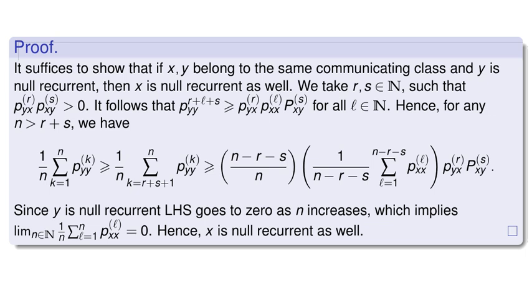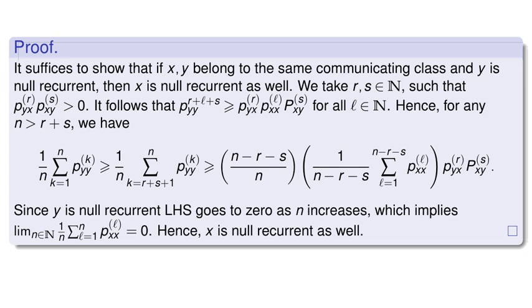Therefore, for any n greater than r plus s, we can write the Cesaro sum for state y as 1 over n times the sum from k equals 1 to n of p_yy^k is greater than or equal to 1 over n times the sum from k equals r plus s plus 1 to n of p_yy^k.